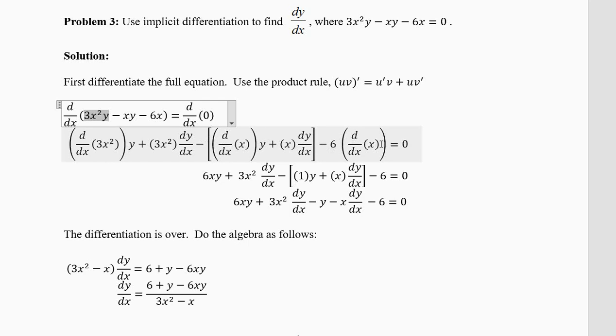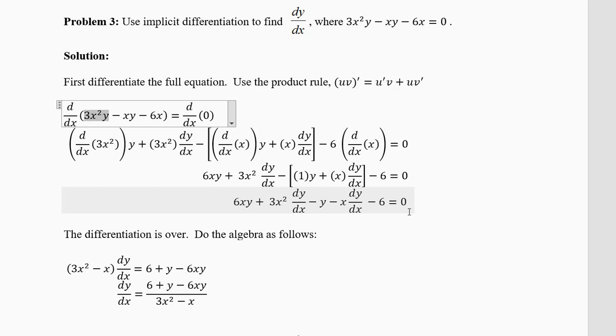Minus 6, derivative of x is 1, so we get minus 6 into 1. Now here you will get 6xy plus 3x squared dy by dx. Now remove the bracket, you will get 6xy plus 3x squared into dy by dx minus y minus x into dy by dx minus 6 equal to 0.